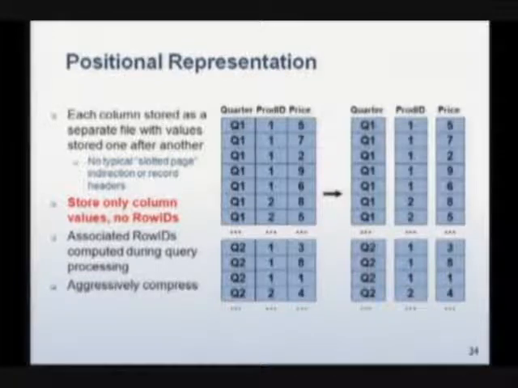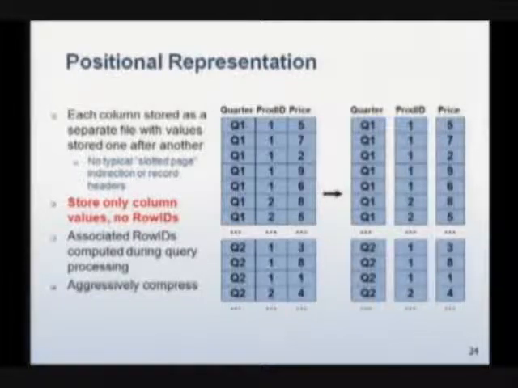It can count. So when it reads the first value of the first column and the first value of the second column and the first value of the third column that it's processing, it can count and say, oh, that's the first value. And it can build a sort of in-memory counter that's keeping track, and it will provide the correspondence we need to glue things together later.